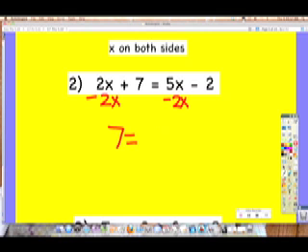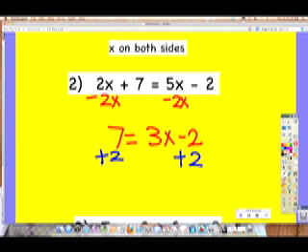Then I added 2 to each side. Equals 3x. And then you gotta divide by 3 to each side. And so 9 divided by 3 is 3.